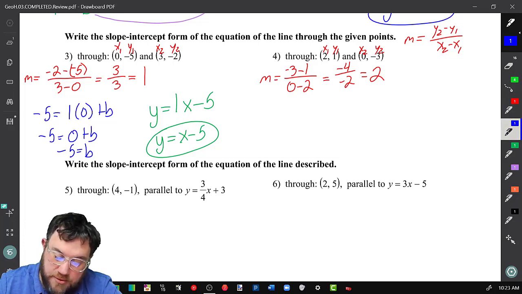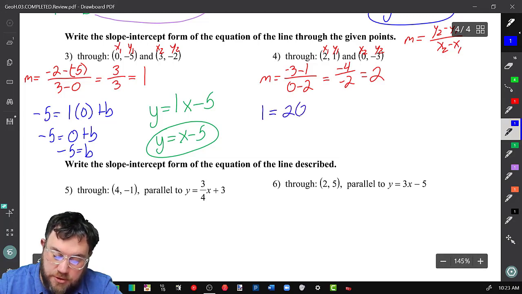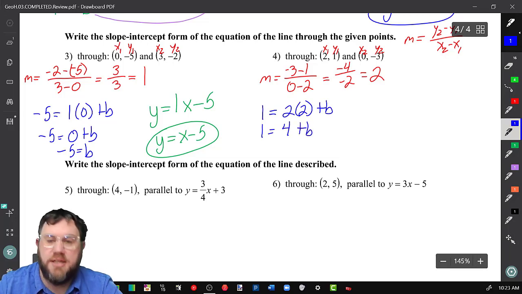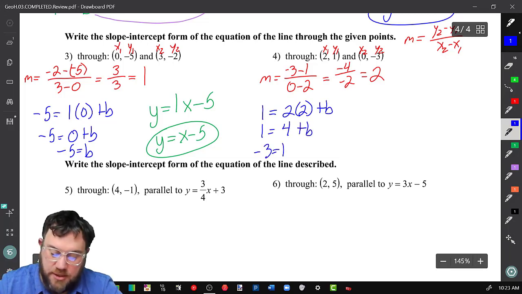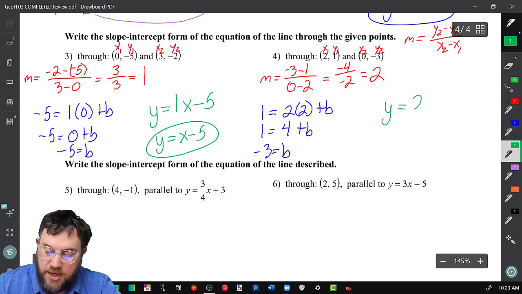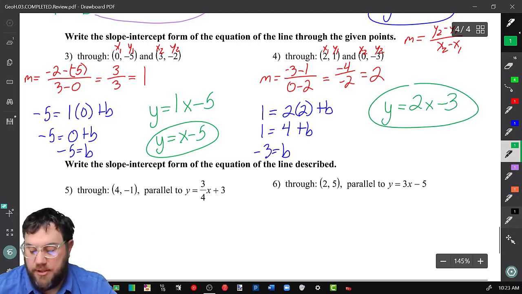If we use, I'll use the first point, 1 equals 2 times 2 plus b. So it's 1 equals 4 plus b, subtract 4 from both sides. b is negative 3. So I have y equals 2x minus 3.